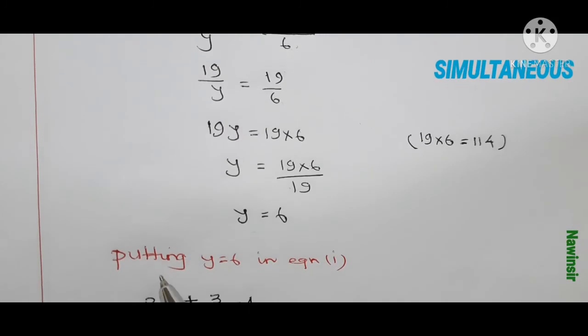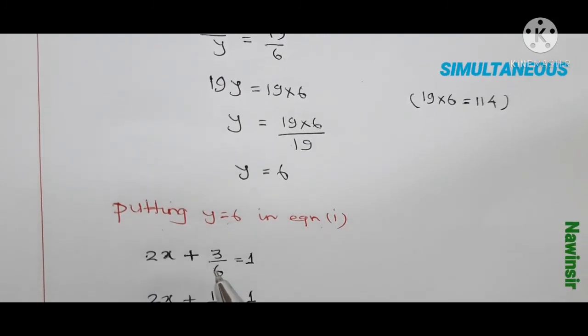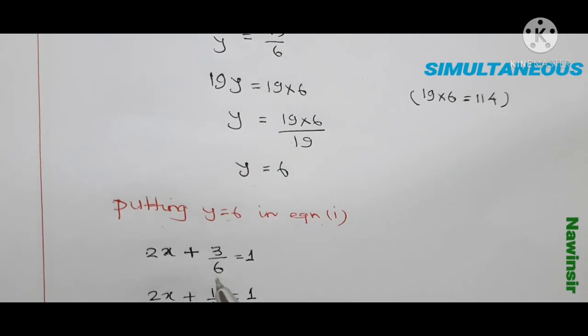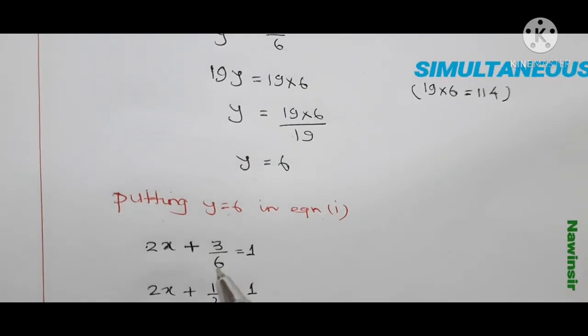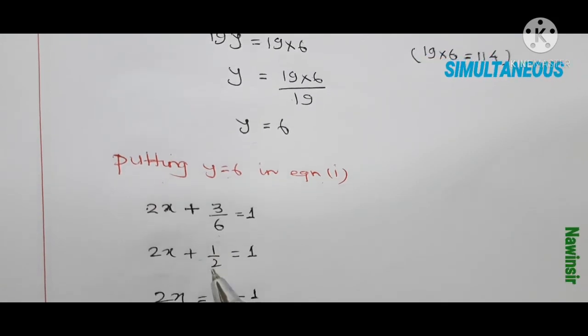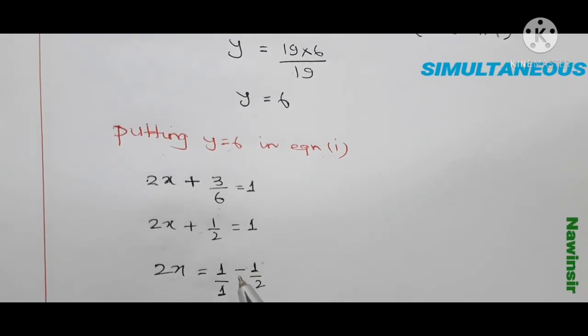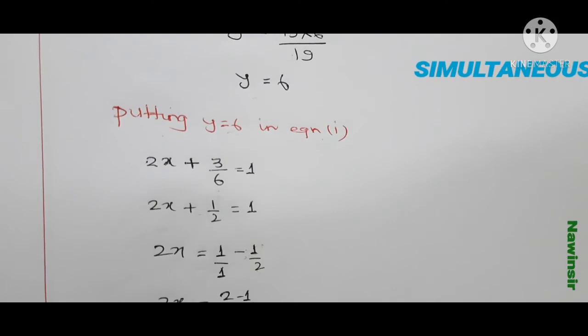Okay, then what do? You put the value of y is equal to 6 in equation number 1. Okay, मुनिपट्टि denominator मा 6 लगाउनु, then you cancel, 3 1s are 3, 3 2s are 6. Now first time we are getting fraction here. Okay, so plus 1 by 2 लाई उता लाँदाखेरि minus 1 by 2 हुन्छ. Then again this becomes fraction plus minus, you take LCM here.